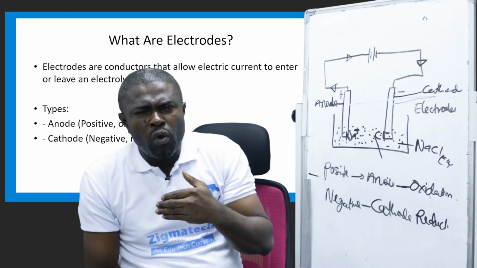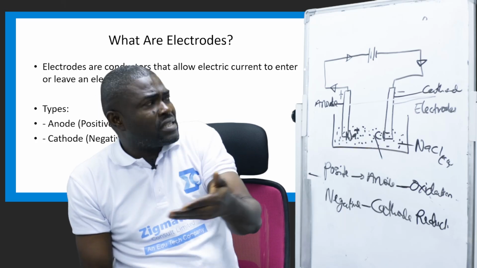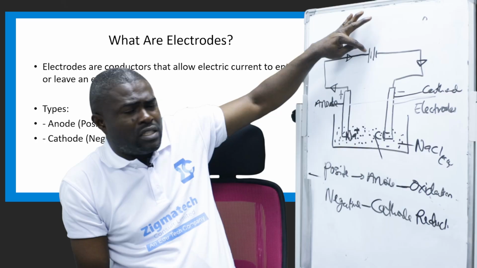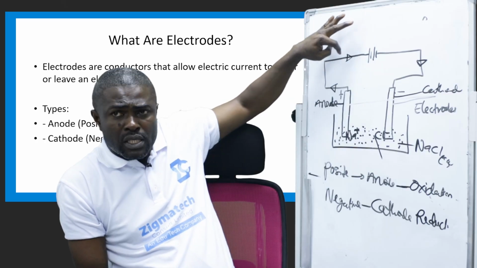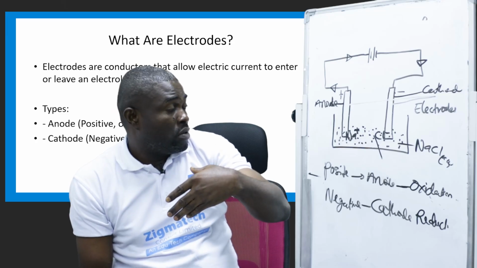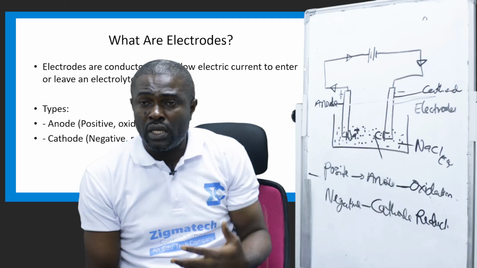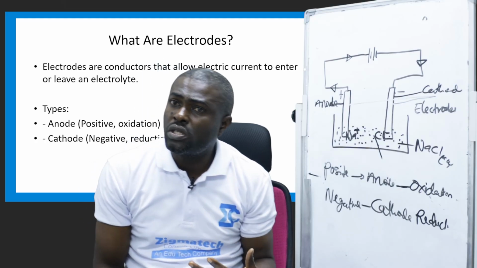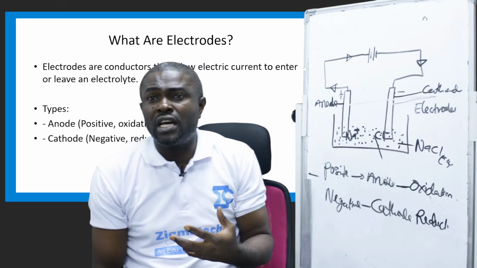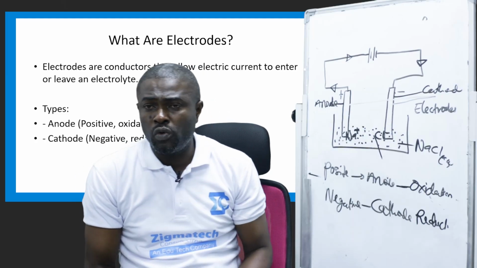So, what will you call a cell that converts electrical energy, that is the current coming through this place, and finally produces a chemical, another substance altogether? Such a cell converts electrical energy to chemical energy.